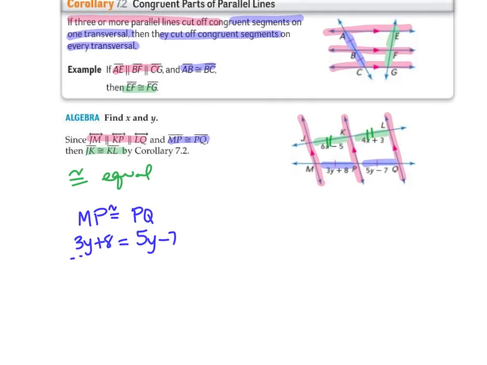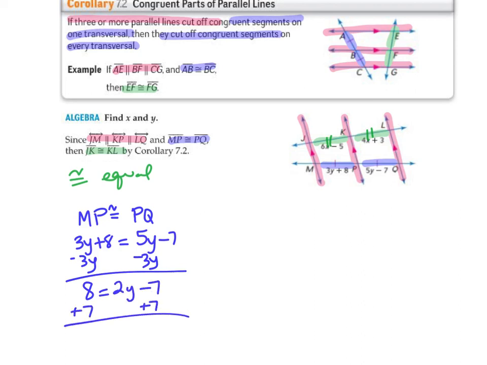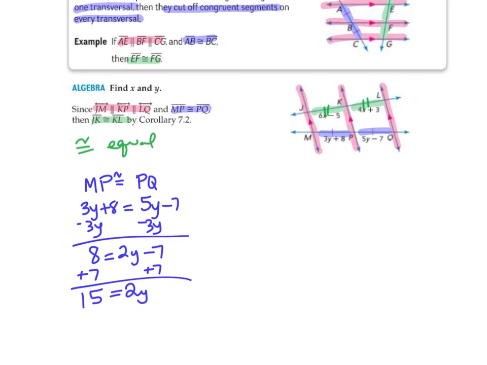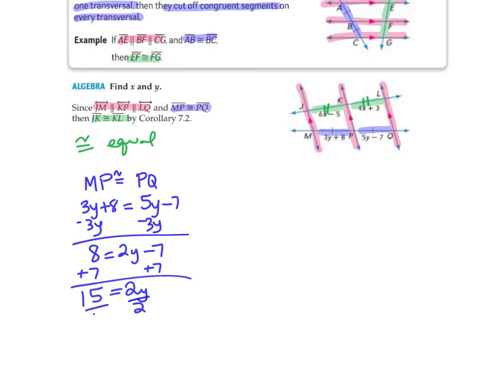Okay, I'm going to move my y's first. So I get 8 equals 2y minus 7. When I move that 7 over, 2y equals 15. Okay, and dividing by 2, y is going to be equal to 7.5. So on our segment here, y should be 7.5.